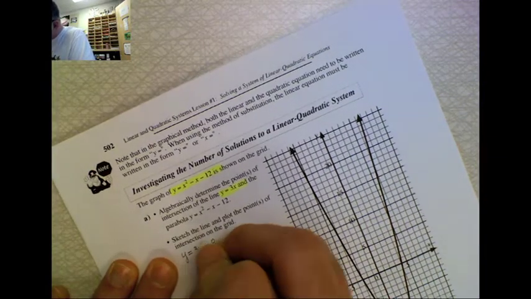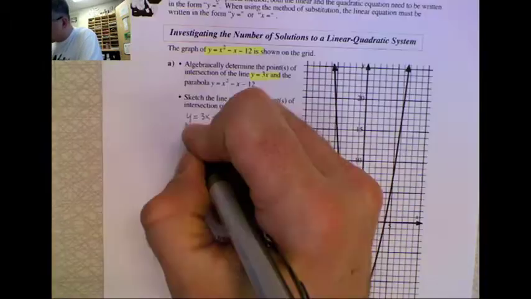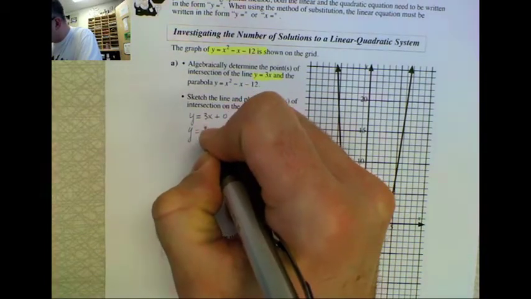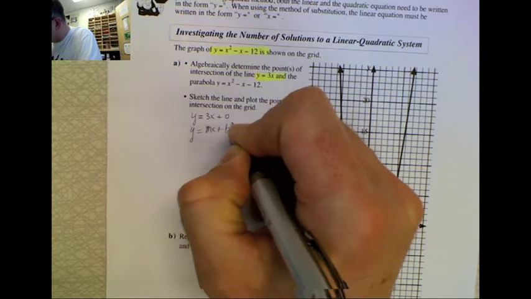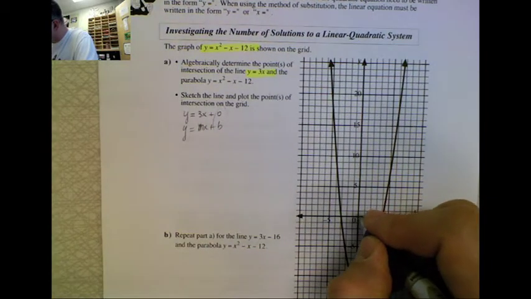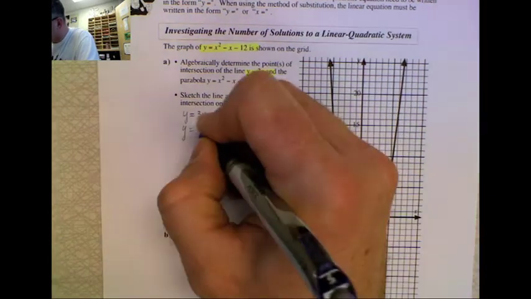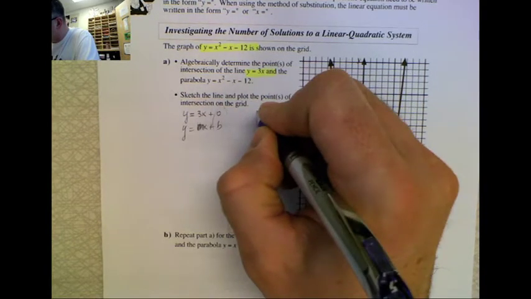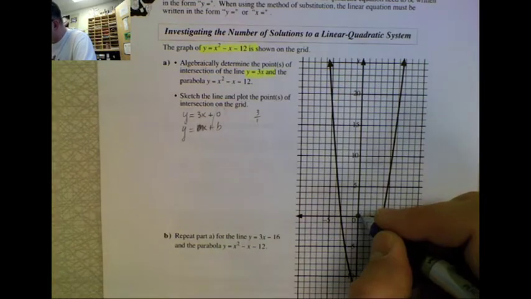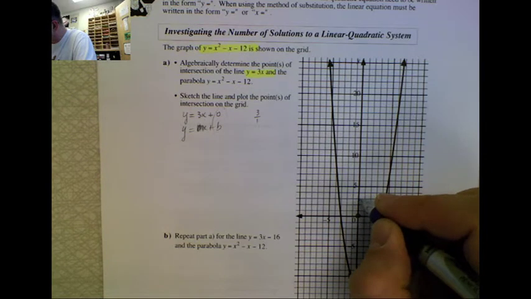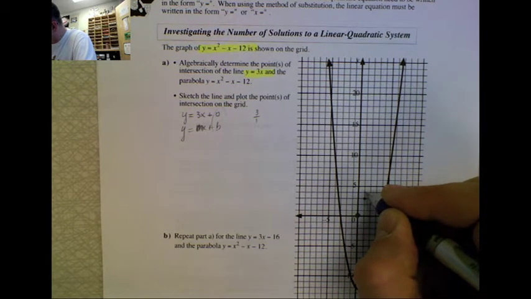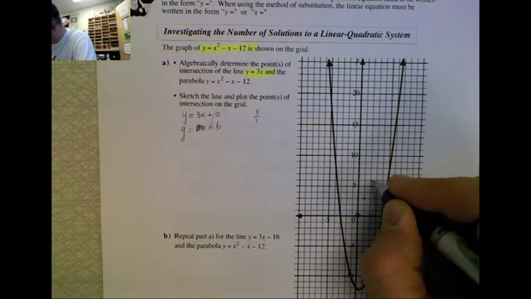So what we know is that our y-intercept is 0. So here's our y-intercept, 0. And our slope is 3. Well, 3 is the same as 3 over 1. So we have a rise of 3, 1, 2, 3, and a run of 1.